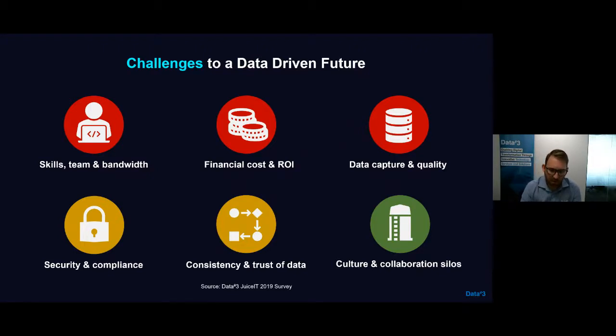And while we might be able to solve, as part of data modernisation, the data capture and quality component, potentially we could help with that, because now you might have a way to scale your ability to collect data, which might help with any data capture. And there are some data quality services available to you as well in Azure, but we won't dive into those today. The only one I'll call out in here is security and compliance. That's not as high a barrier for helping clients in their data journey, but it is a concern.